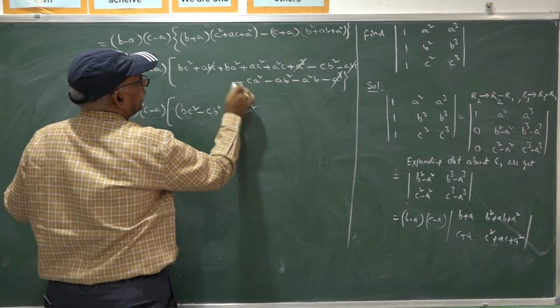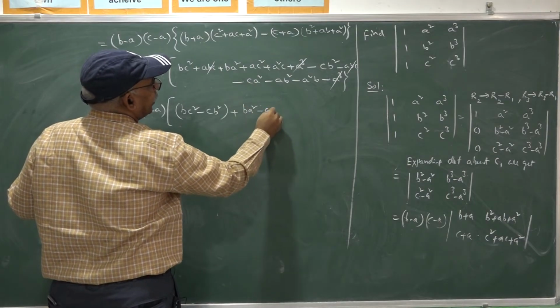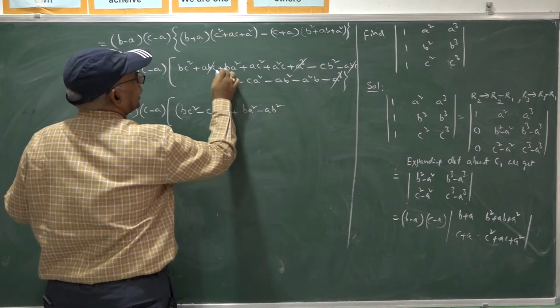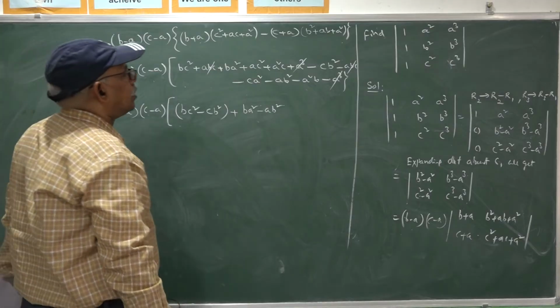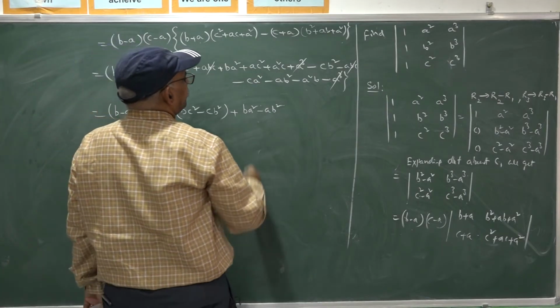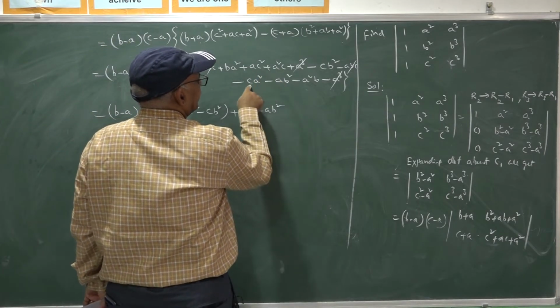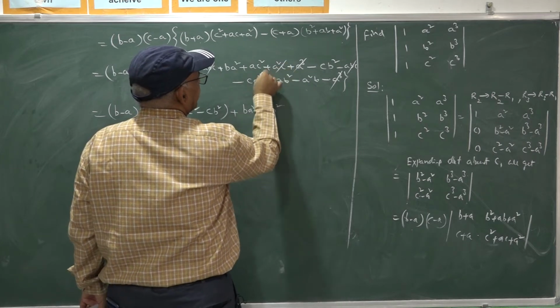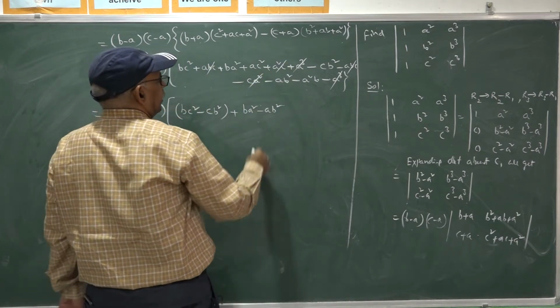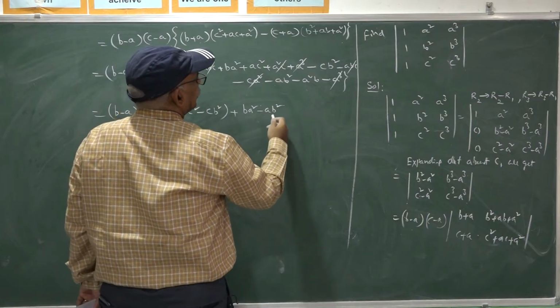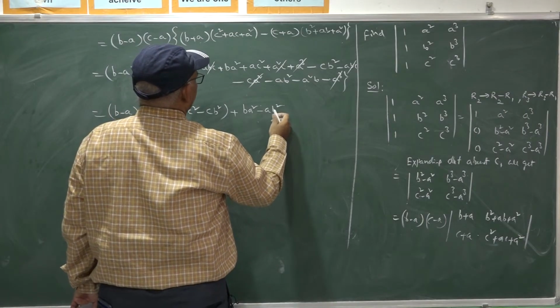Similarly, BA square and minus AB square as one pair. Here A square C with negative sign cancel, plus A square C here.